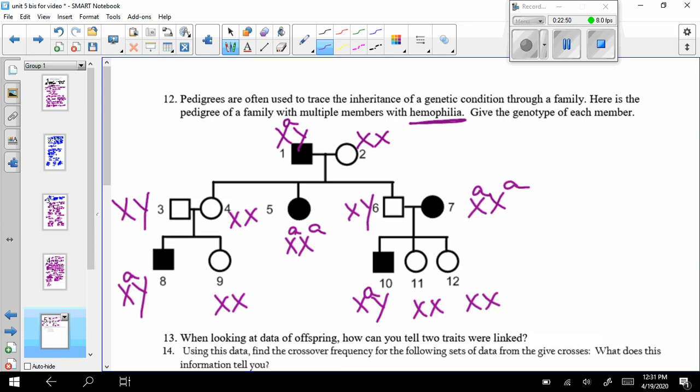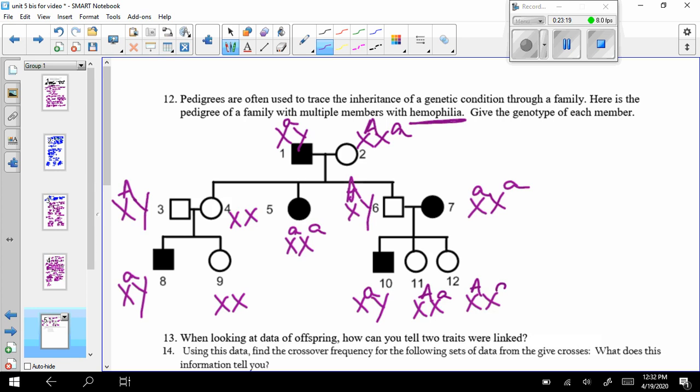Then I think it's easiest to go to the rest of the males. So this male doesn't have it, so he's X^A, and this one is also X^A. And then you can go around and figure out the girls. So this mom, number 2, had a daughter with the trait. That shows she has to have a little a. But she has to have a big A because she's not filled in, meaning she doesn't have the trait. These 2 daughters, same thing for each of them.